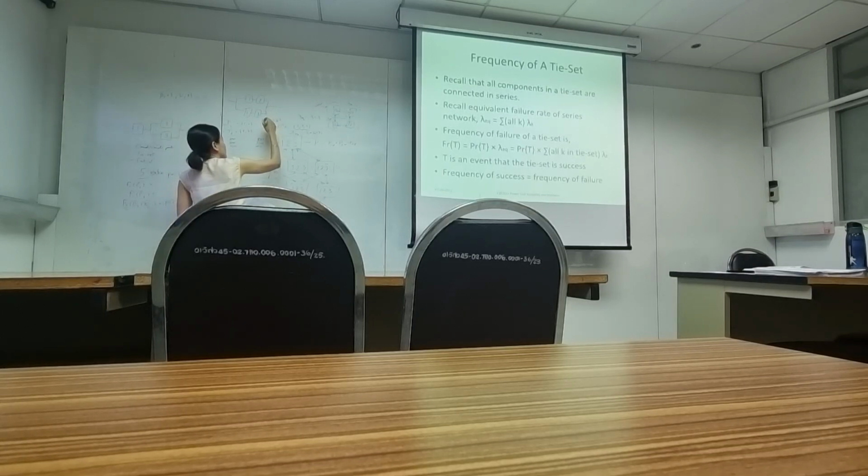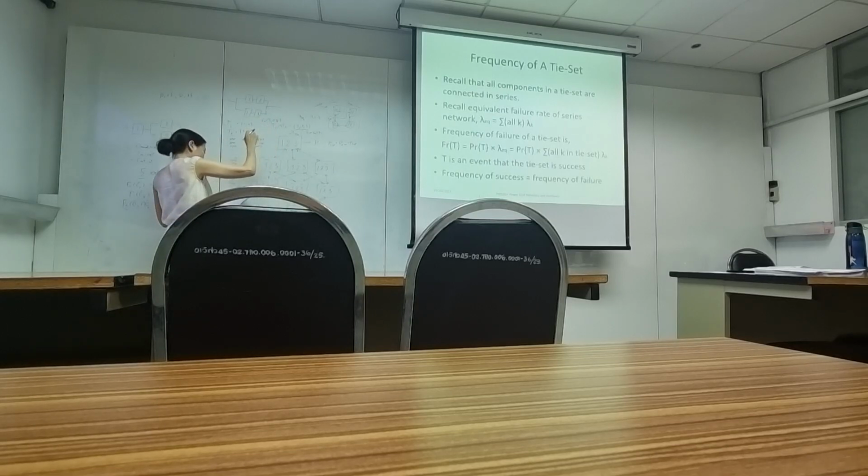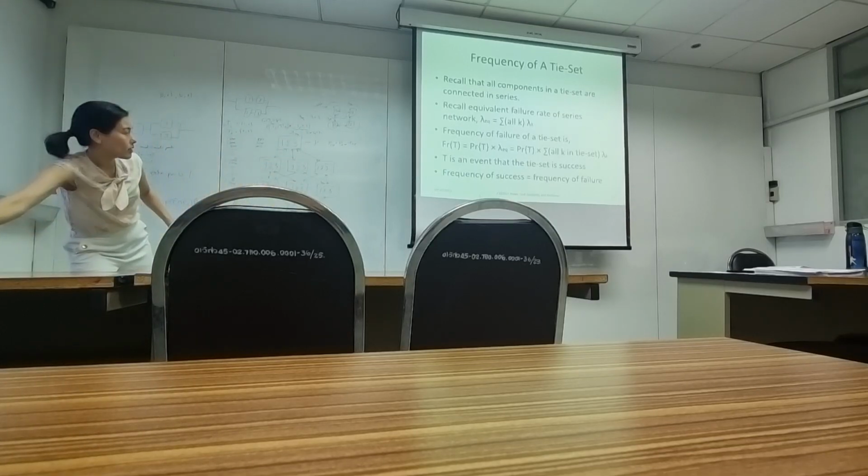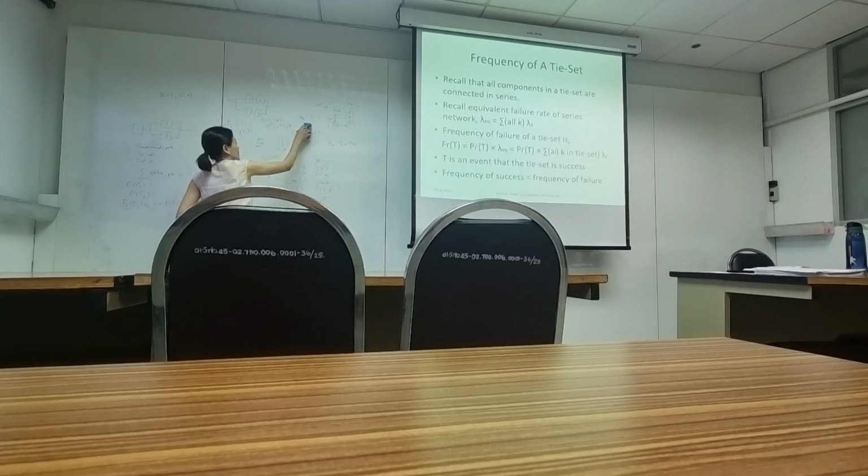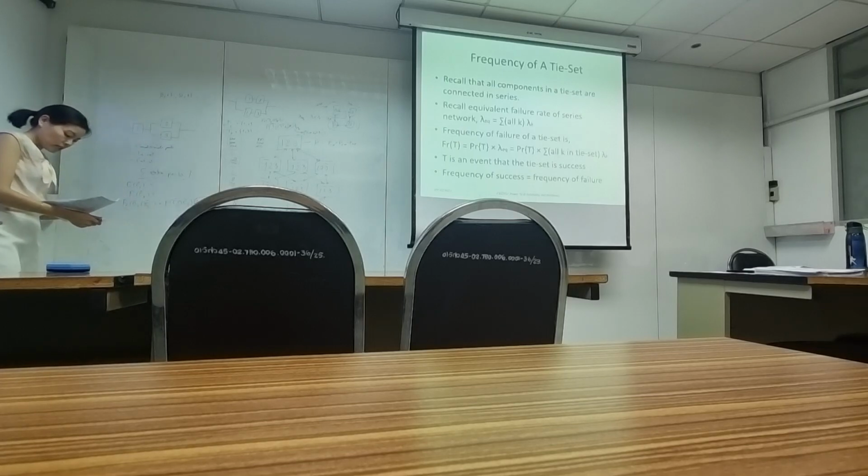The frequency of the tie set intersection will be equal to the probability of this tie set multiplied by the equivalent failure rate of this set, which is lambda 1 plus lambda 2 plus lambda 3.